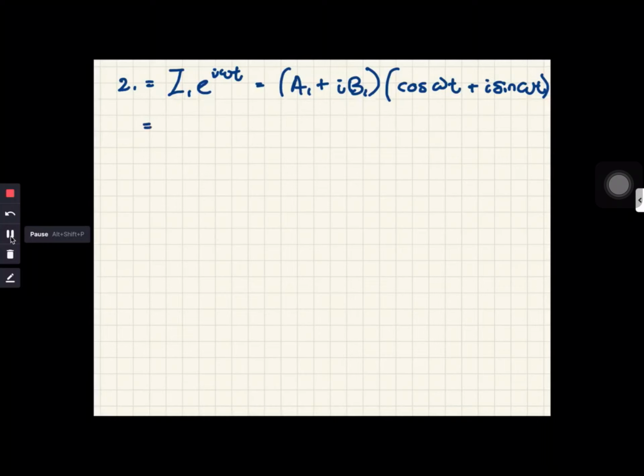So the solution for this one, if we put everything together, we separate between real and imaginary numbers.